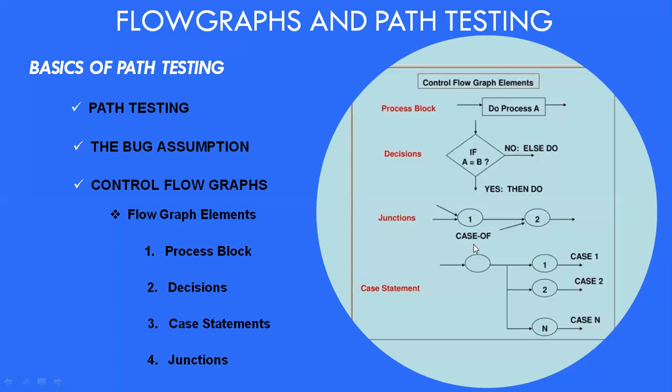Now coming to the junctions, the fourth one. A junction is a point in the program where the control flow can merge. If we take a few examples of junctions: the target of a jump or skip instruction in assembly language, a label that is the target of a go to.